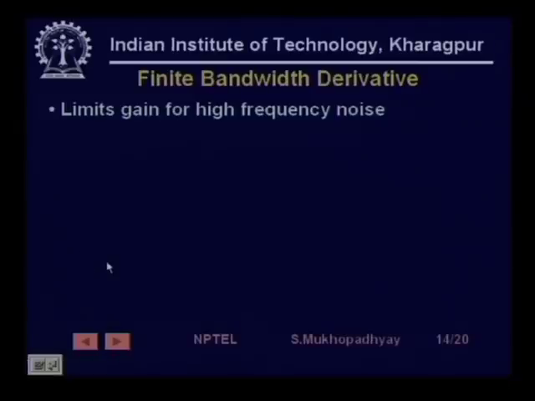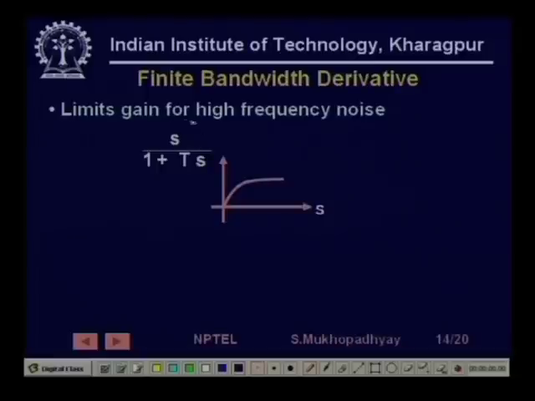To do that, we simply, the transfer function of a derivative is s. If we now consider the transfer function s by 1 plus Ts, imagine, what is the gain of this as s varies, that is as the frequency varies? At low frequencies the term Ts is small compared to 1.